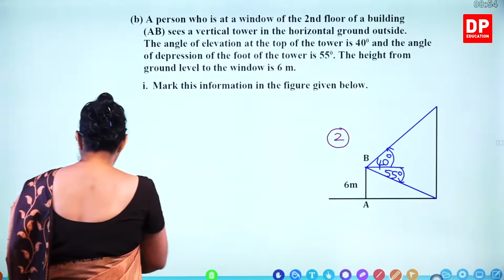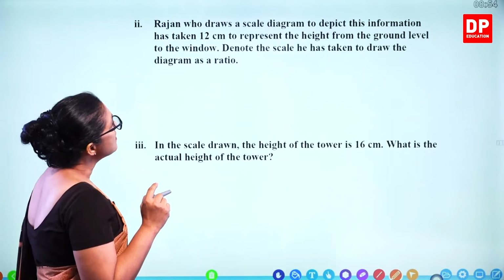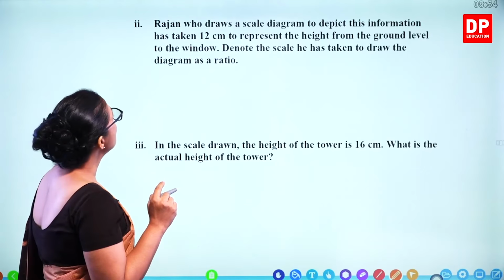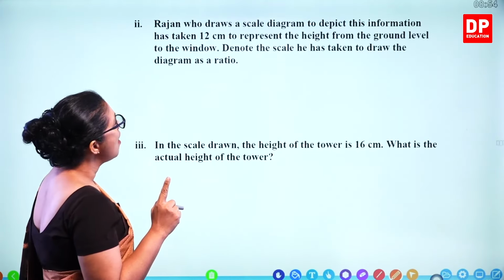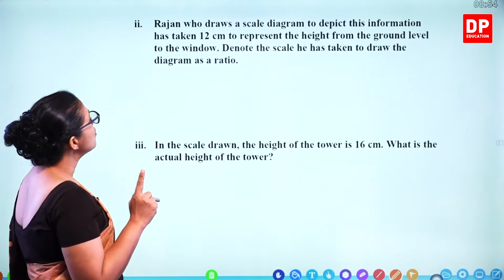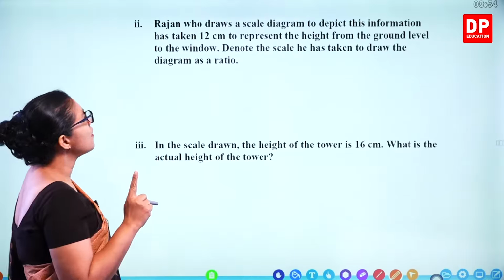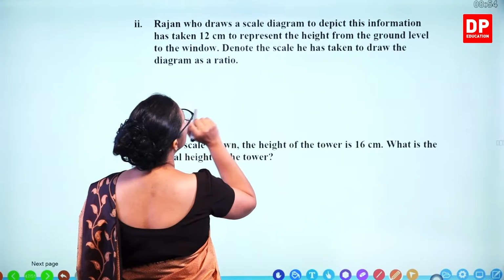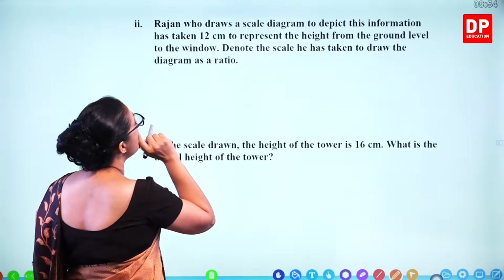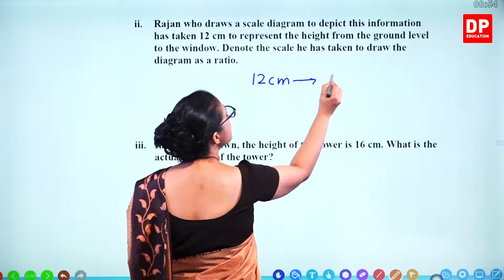Let's take the next one. Rajan, who draws a scale diagram to depict this information, has taken 12 centimeters to represent the height from the ground level to the window. Denote the scale he has taken to draw the diagram as a ratio. So 12 centimeters represents 6 meters there.